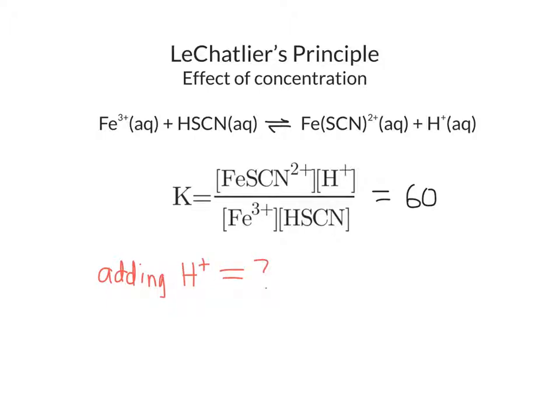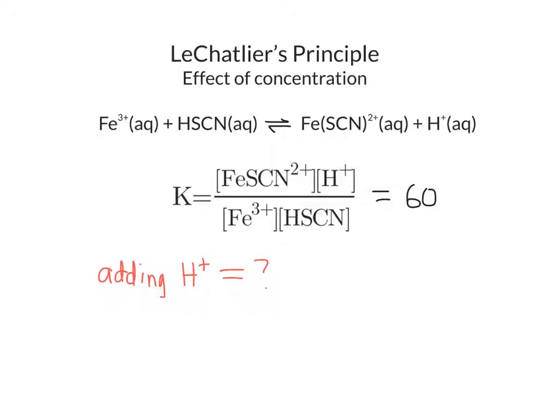If we do that, then we can see that we originally had equilibrium concentrations. If we add H plus, then we make this numerator too big. And so this ratio will no longer equal 60 because we've added something to the numerator.